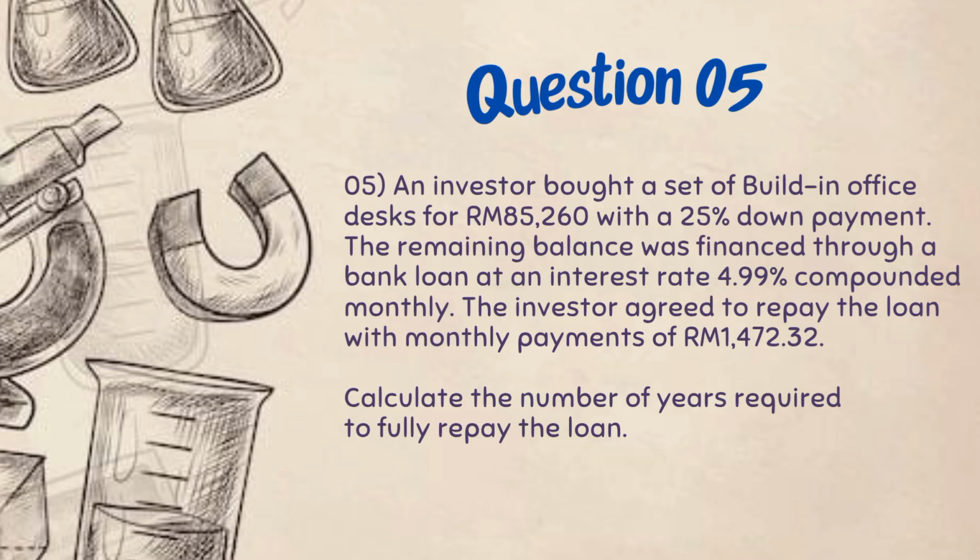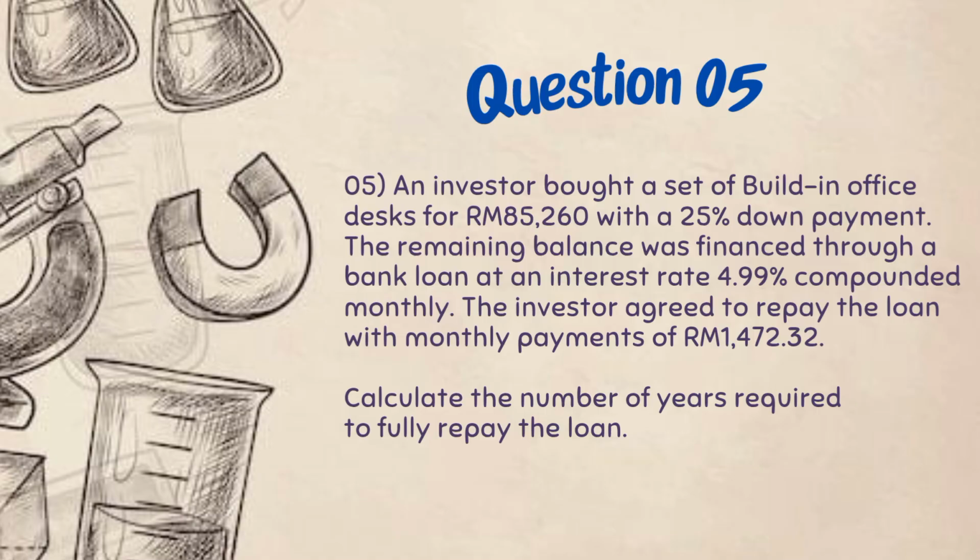Question 5. We want to calculate the number of years required to fully repay the loan. So we want N. And you can see the answer. A equals RM 85,260 multiplied by 2.5%, and the answer is 21,315.